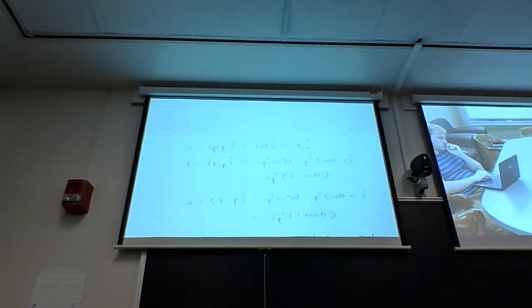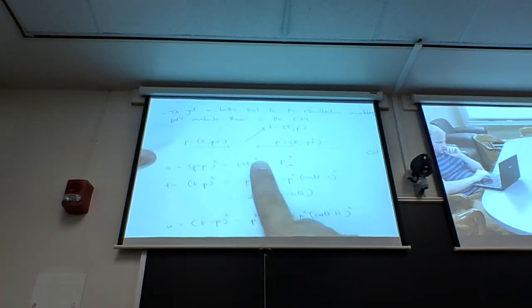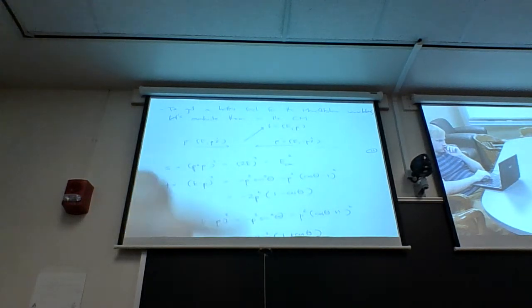So S is going to be the sum of p and p prime squared. When you sum these two, the three-momentum pieces cancel off, so it's just (2E) squared, and 2E is just the center of mass energy. If you're in the center of mass frame, each particle is coming in with the same energy, so the center of mass energy is the sum.